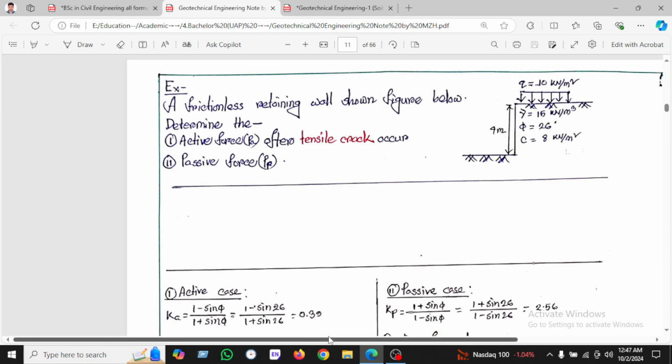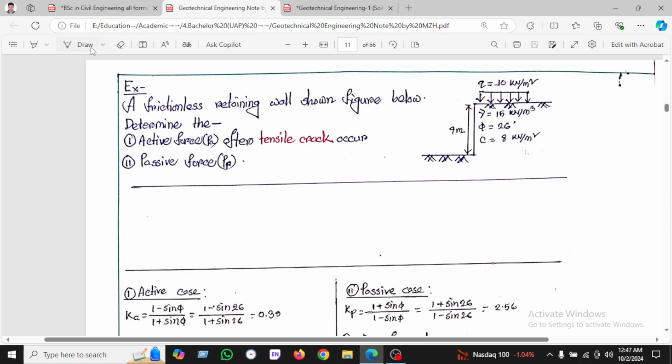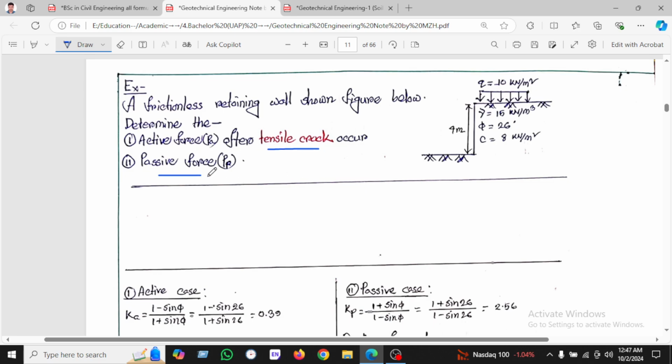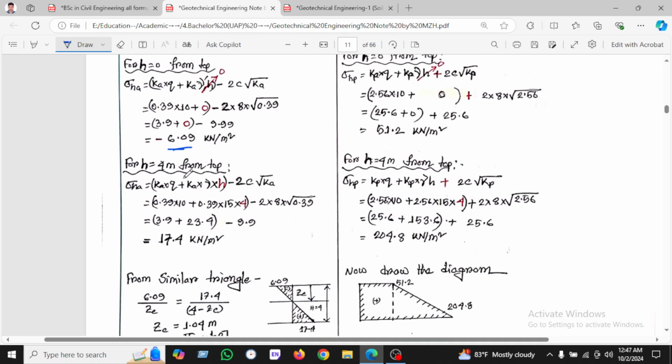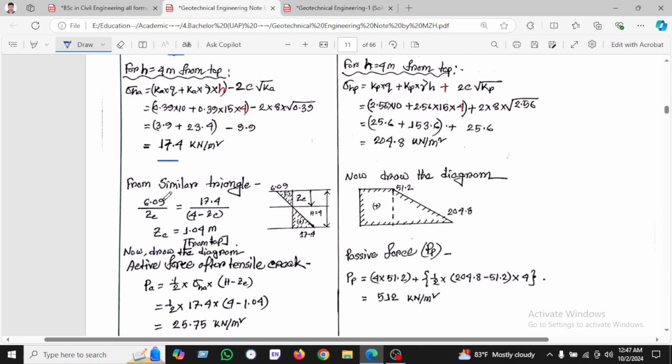We can see here the frictionless soil, which is clay, and the retaining wall is shown here. Determine the active case, potential crack occurs, and passive forces also. So at first we will calculate the active case k, 1 minus sin phi, theta is found. When z equal to 0, then we will find the stress equal to negative 0.60, and at the bottom layer when 4 we will calculate the stress 14, and by similar triangles we will calculate z equal to 0.4.